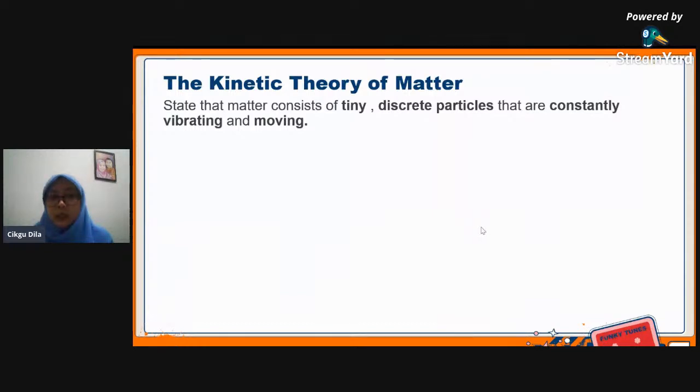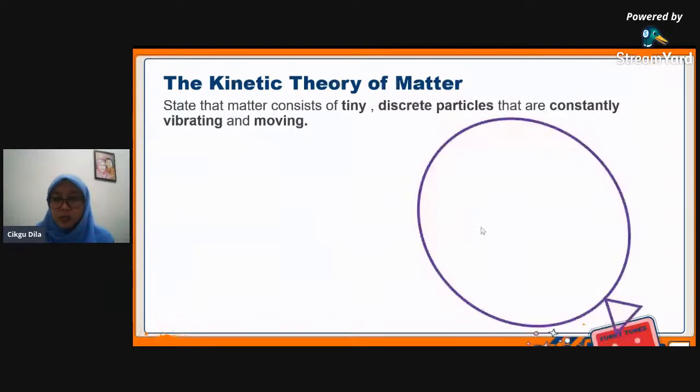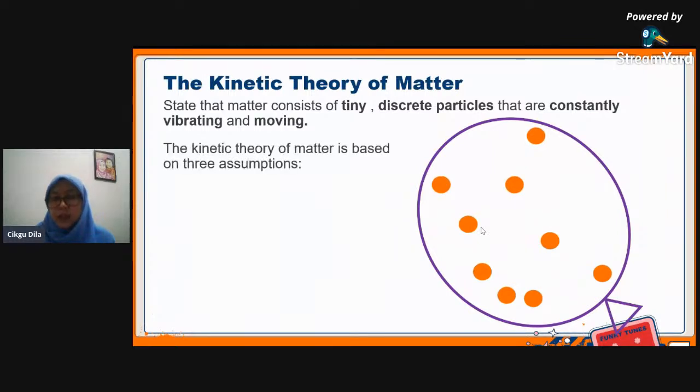It depends on the state of matter; either they just vibrate or they move. So let's see. Here we have a big balloon. There are a lot of particles inside the balloon, and they keep constantly moving randomly.